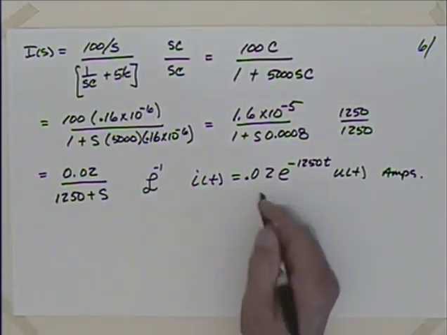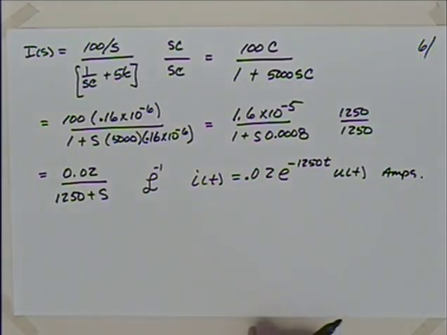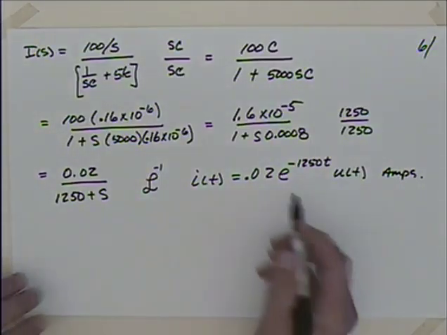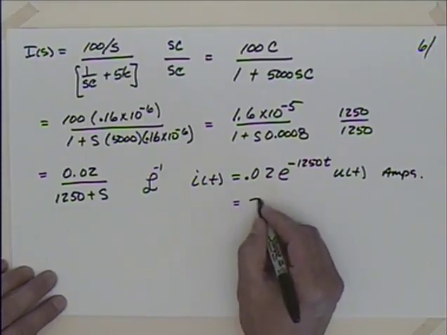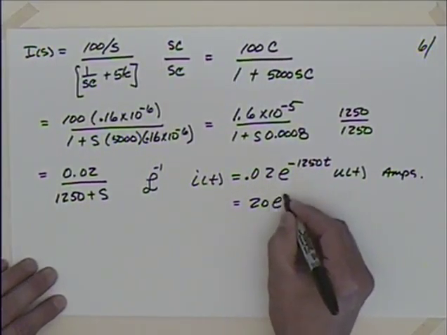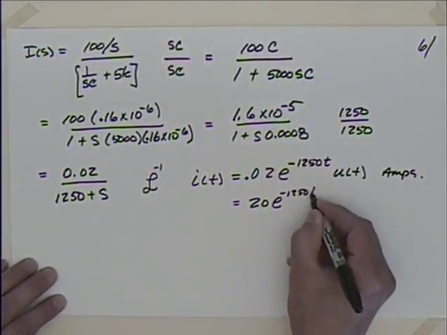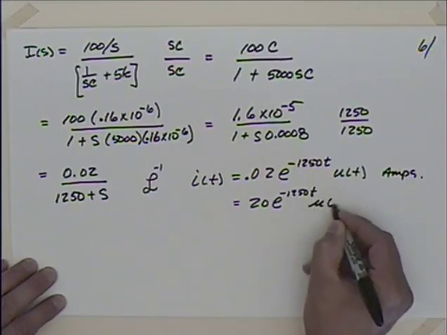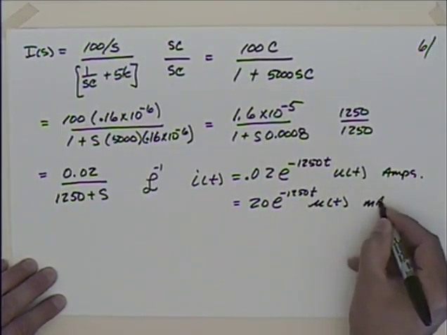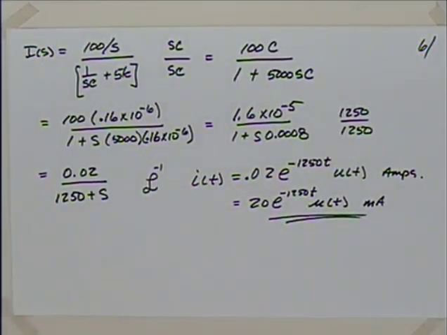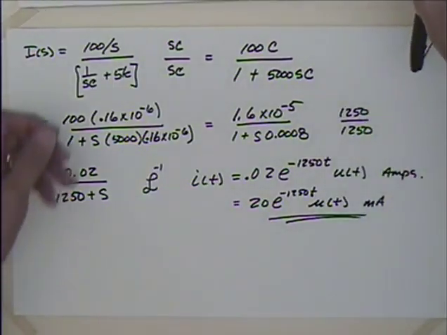We could put it in milliamps and move that decimal if we wanted to. I could say that was 20 e to the minus 1250 t u of t in milliamps. Okay, so that's the current that we were looking for.